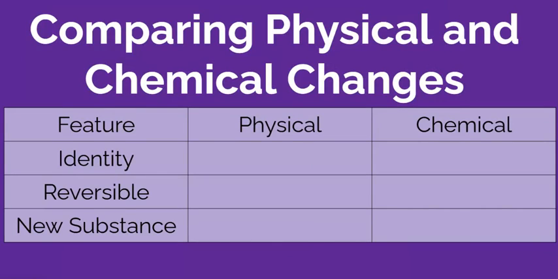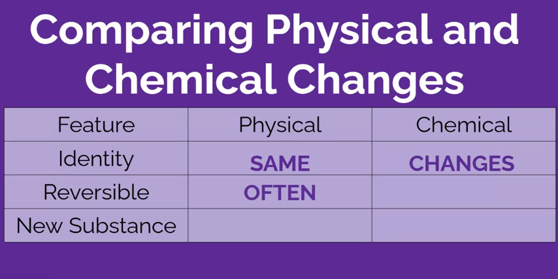So let's compare. The identity of a substance remains the same in a physical change. It changes, however, in a chemical change. Physical changes are often reversible. For example, you can freeze water to go from liquid to solid, and you can melt water to go from solid to liquid.